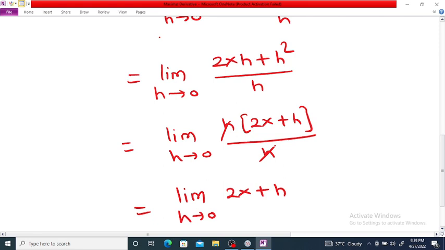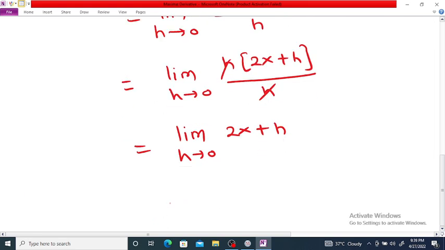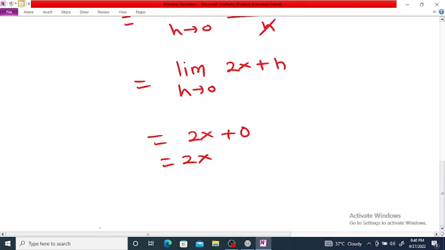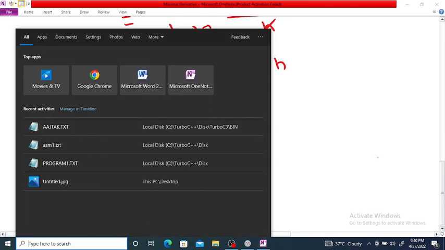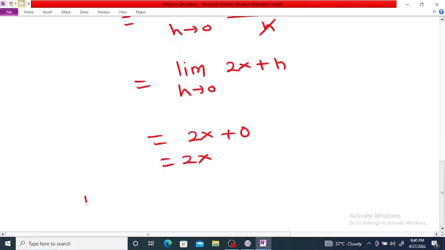Now if we take the limit as h tends to 0, we get twice x plus 0, so it is equal to twice x. So the derivative: if f of x is equal to x square, then f dash x is equal to twice x.